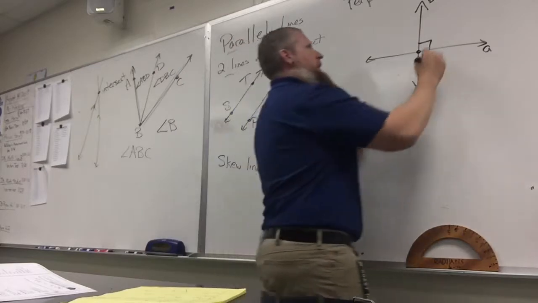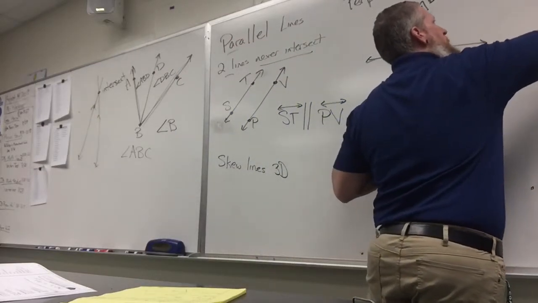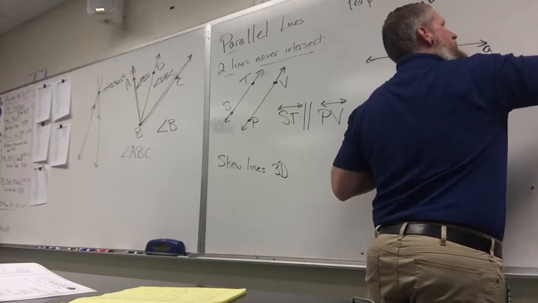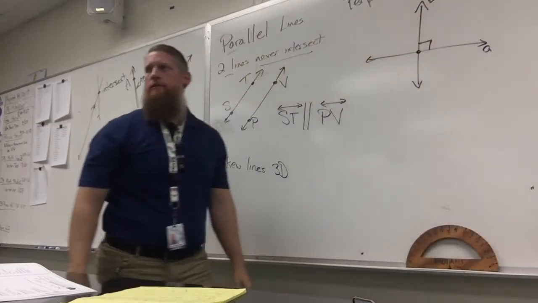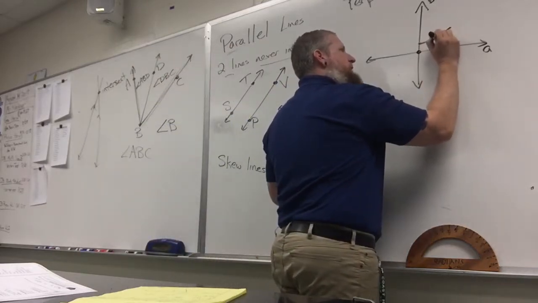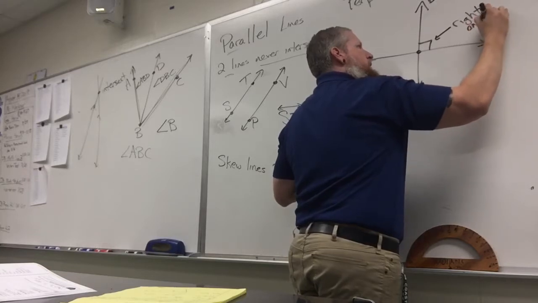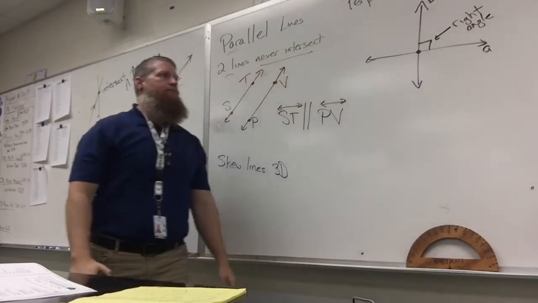Okay, and again, as a side note, right angle is 90 degrees. Okay, so this little box symbol right there means that's making a right angle.